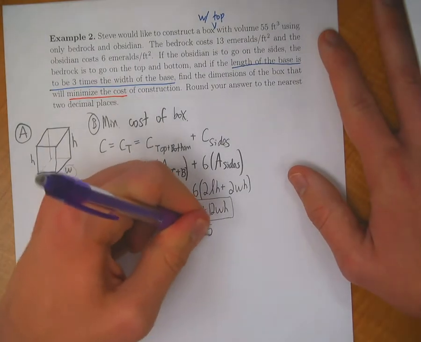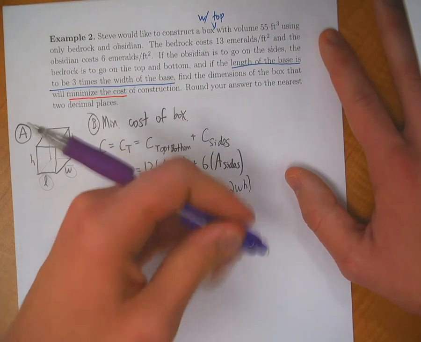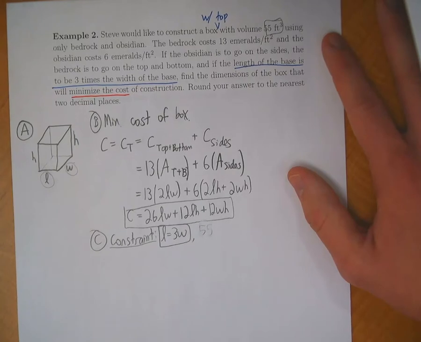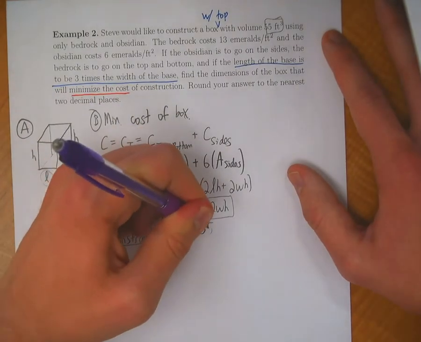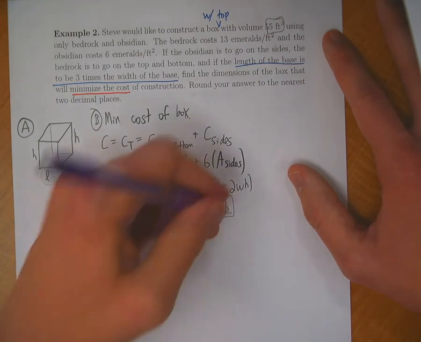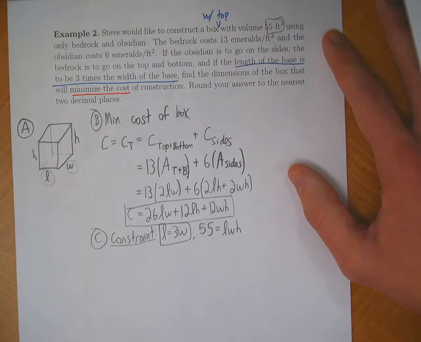Before we move on, one thing we notice is that we also have the volume is supposed to be 55 cubic feet. So 55 is the volume of the box, so correspondingly that should be the product of our dimensions.